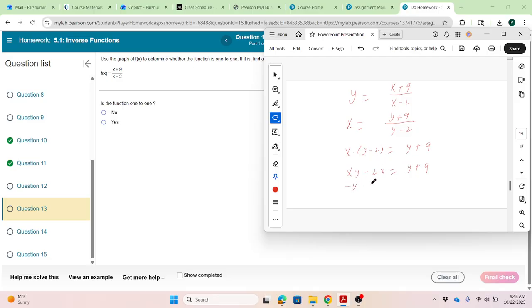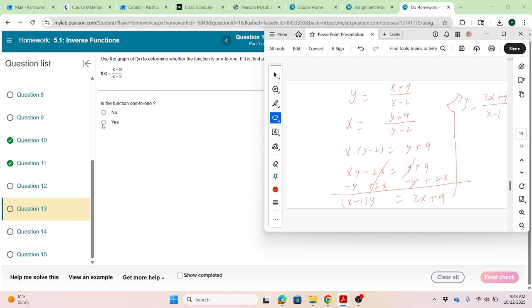So I'm going to subtract y and add 2x. By doing that, this is gone, and here I have x minus 1 times y after factoring y. And here this is gone. It's 2x plus 9. Solving for y means dividing both sides by x minus 1. So y would be (2x plus 9) divided by (x minus 1).